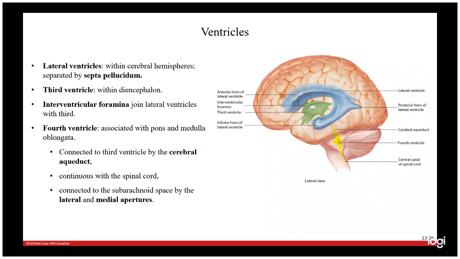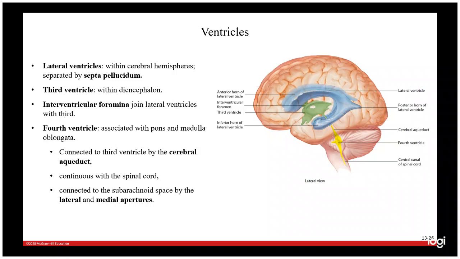I don't think there's anything specific. What I would do, you do need to know the ventricles. Before you ask any questions about the ventricles, I want you to look at where they are, and then I want you to compare where they are to what those regions do.